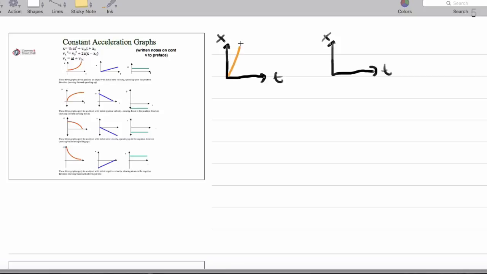So we reviewed constant velocity motion, and we concluded a couple of things.